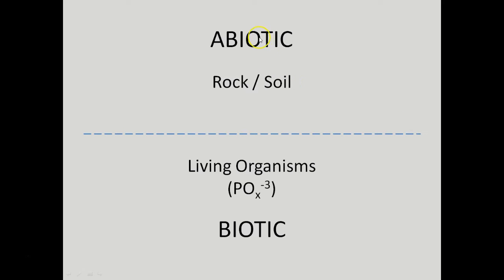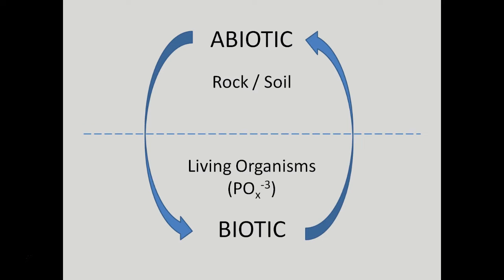Now, as I stated, the phosphorus is found in the rocks. And what happens is through weathering and other factors, we break it down into a form that biotic organisms can take up. Okay, and this occurs through weathering. And then it will then be part of the biotic component of an ecosystem, and it could stay there for a long time, but eventually it's returned to the rocks.